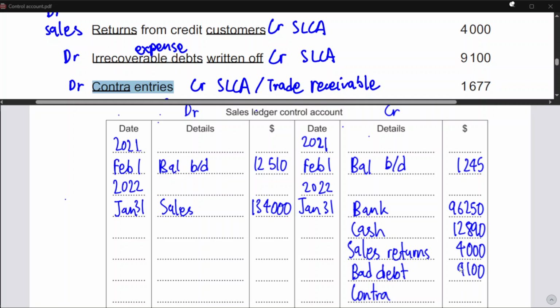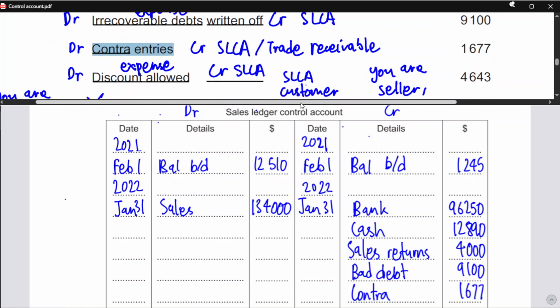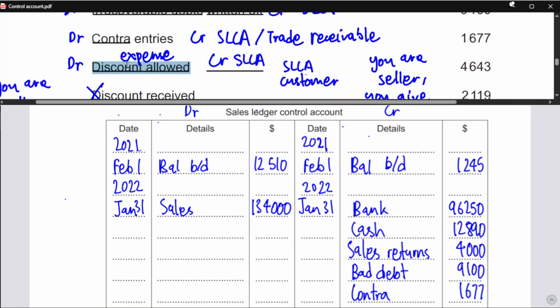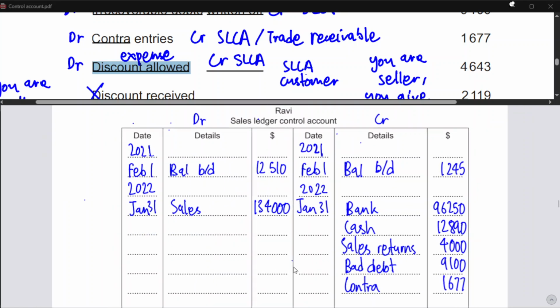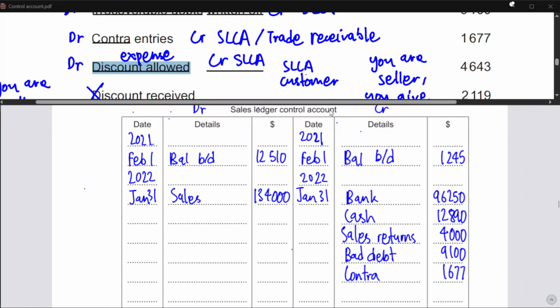Yeah. Continue. SLCA credit discount allowed.